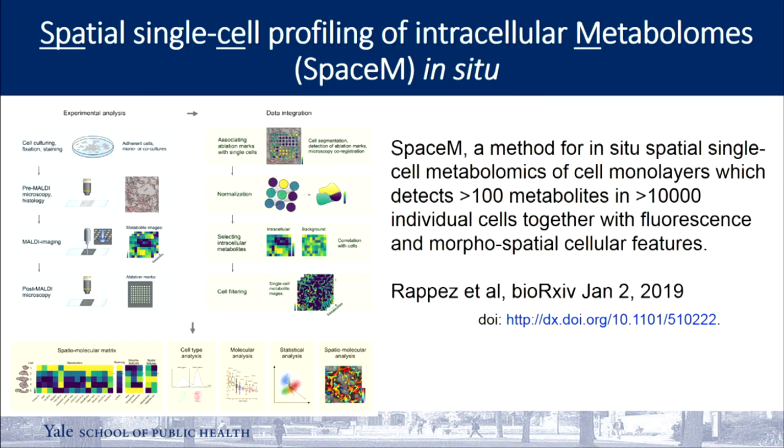This paper came out on January 2nd, in bioRxiv, and these scientists have developed spatial single-cell profiling of intracellular metabolomes. It identifies more than 100 metabolites in about 10,000 individual cells together. And again, this is a combination with fluorescent microscopy.